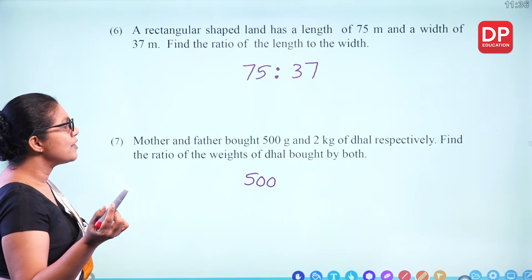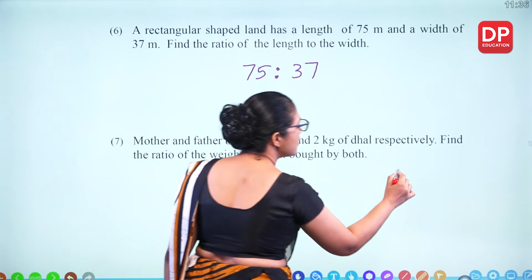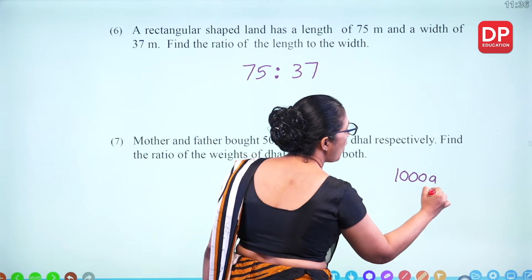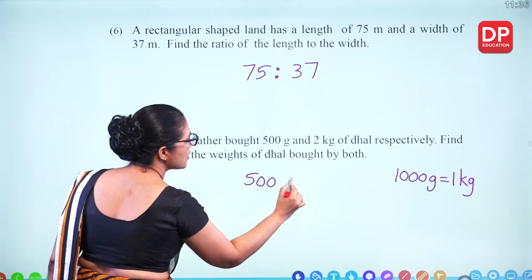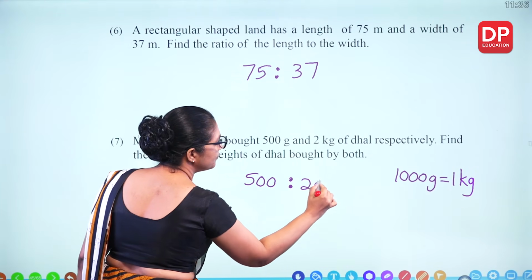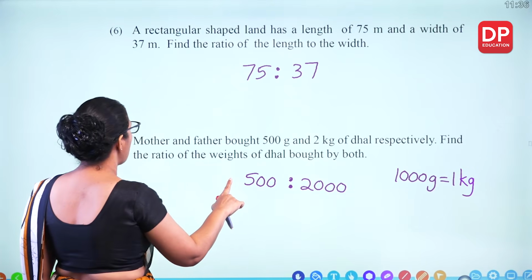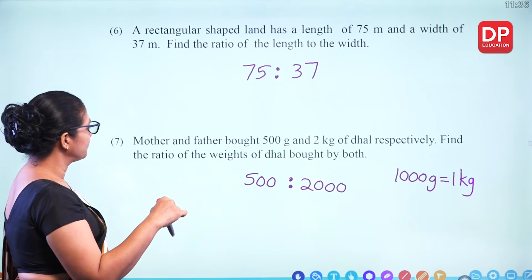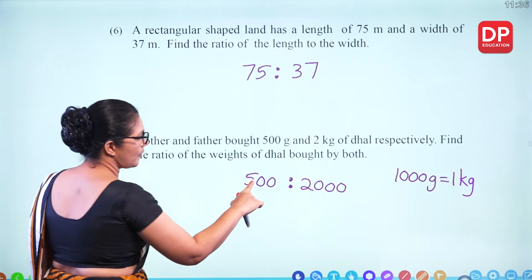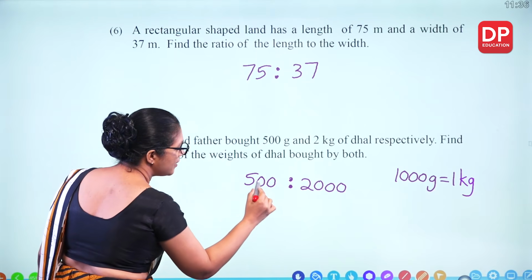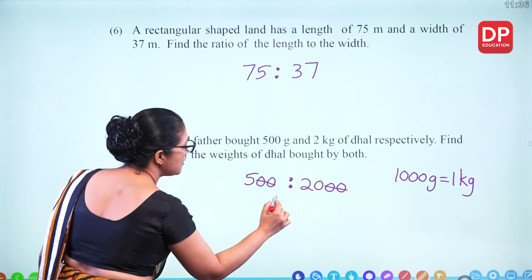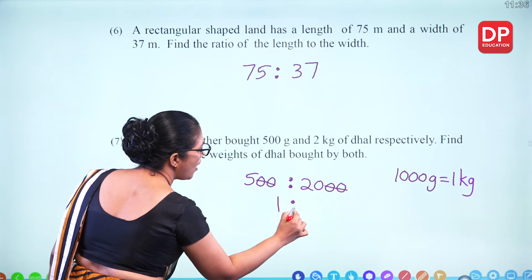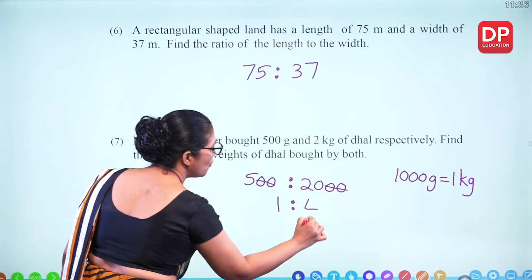So how many grams are there? 1000 grams is 1 kilogram. So this becomes 2000. So this is mother to father. So divide by 100. 5 is to 20. Divide by 5. 1 to 4 ratio.